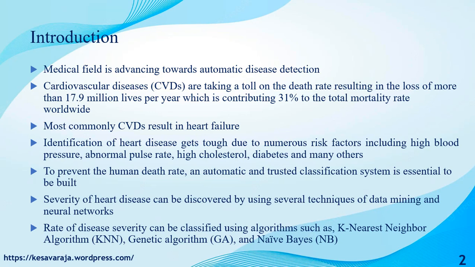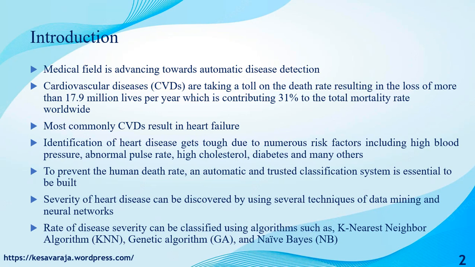To prevent the death rate, an automatic trusted classification system is very much essential to be built. The severity of heart disease can be discovered by using several techniques of data mining and neural networks.